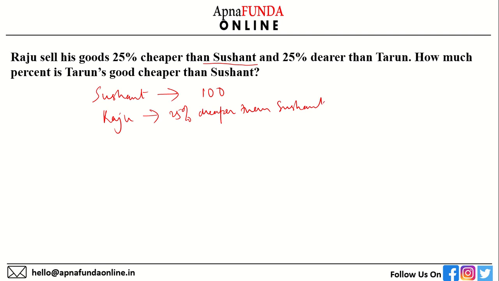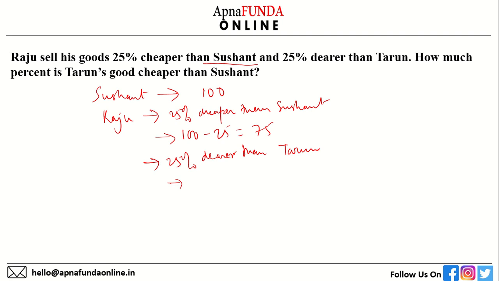So that means 100 minus 25, Raju is selling at 75. Raju is selling 25% dearer than Tarun. So Raju is also selling 25% dearer than Tarun.